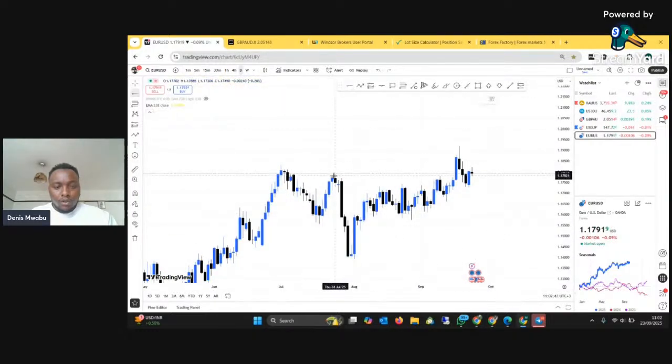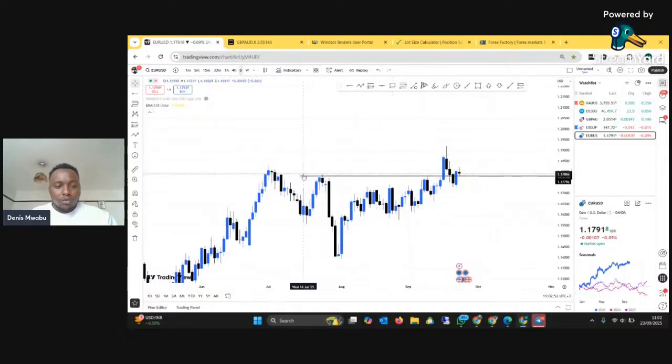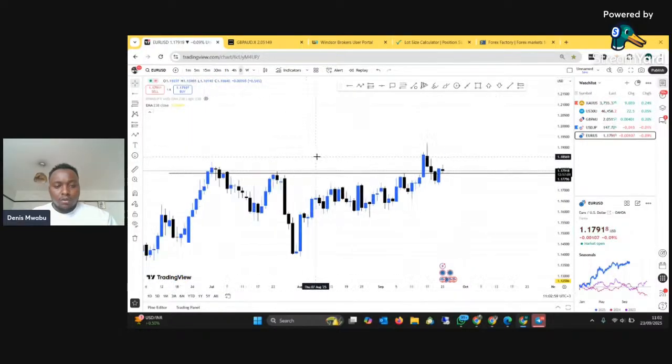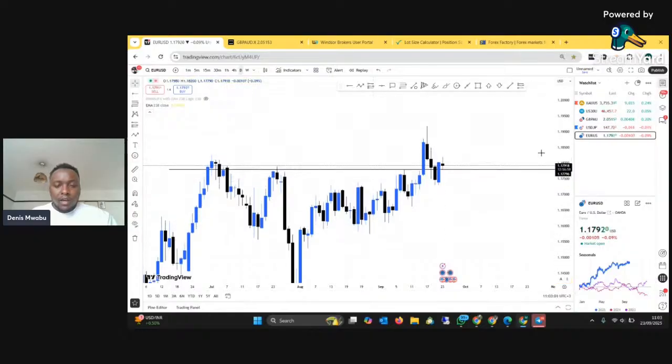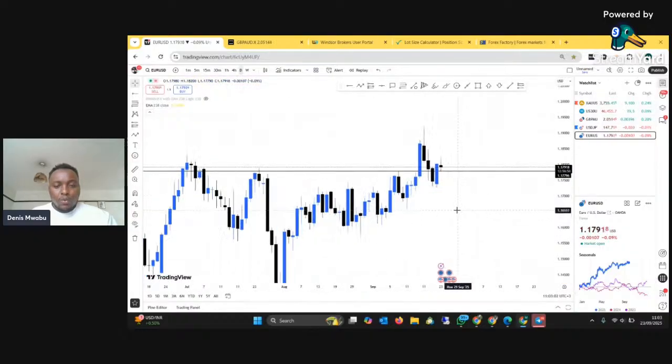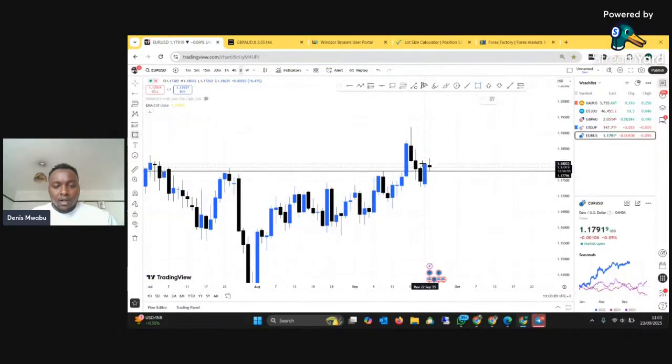If we look at it on the daily time frame, you can see we had a break of this particular zone. And this zone was a very crucial zone. And then after price broke it, we have an engulfing candle above that particular area.